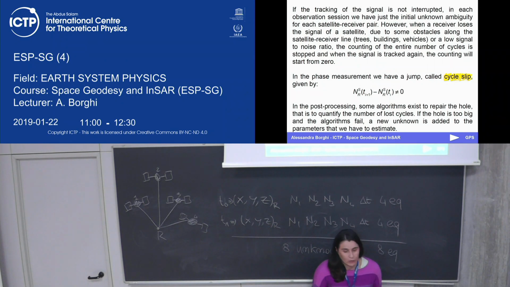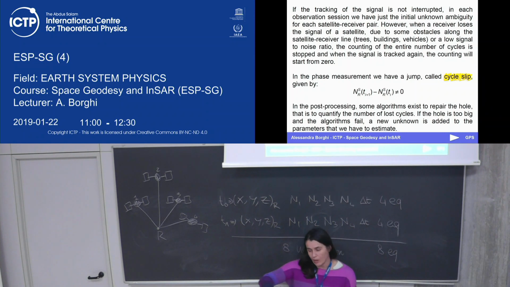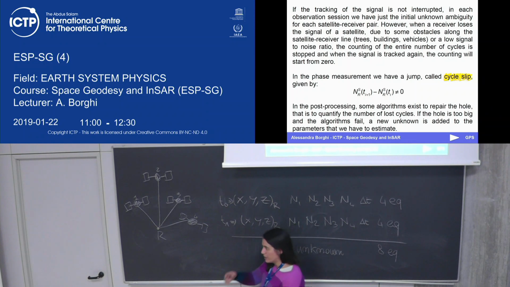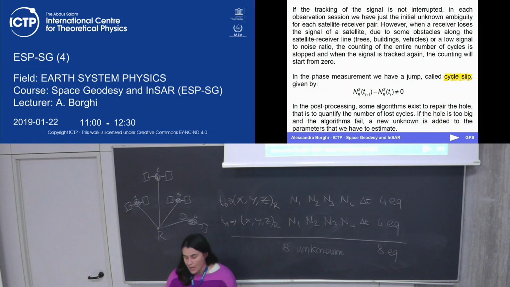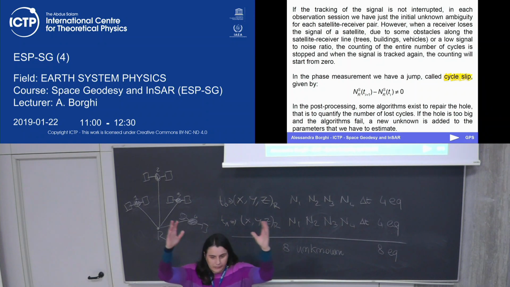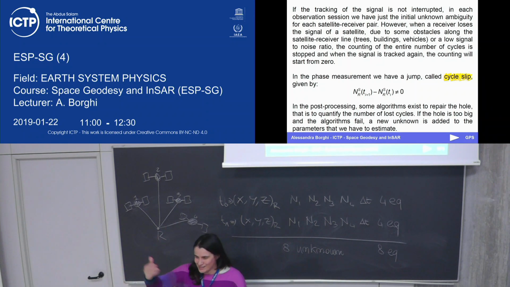We can also have what we call a cycle slip, an interruption in the signal. We start to count the number of integer cycles, 1, 2, 3, 4, but we can stop this count because there is an interruption in the tracking of the satellite by the receiver, for instance if I am in a city and a big truck is between me and the satellite, or I'm moving too close to a building.